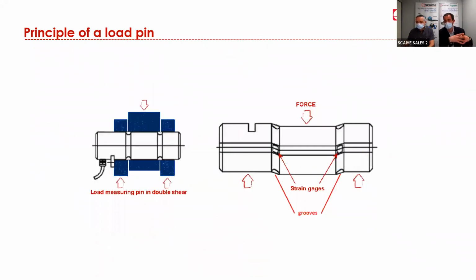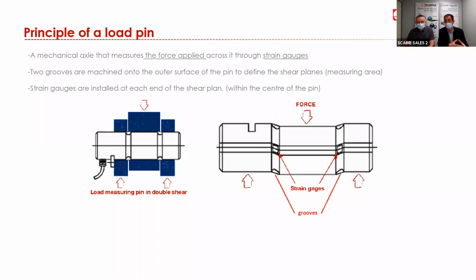At first, we will shortly describe the principle of load pins and the technology. So how it works, what it is, how it's made. A load pin is a mechanical axial, if we can say, a bar of metal that is going to be equipped with a measuring system in order to measure a force applied to the beam, through the use of strain gauges that you can see on this drawing.